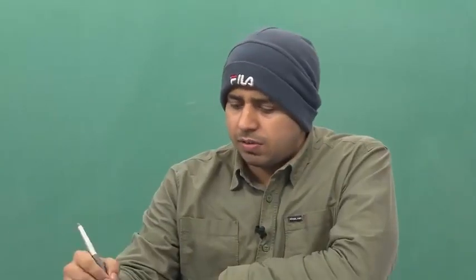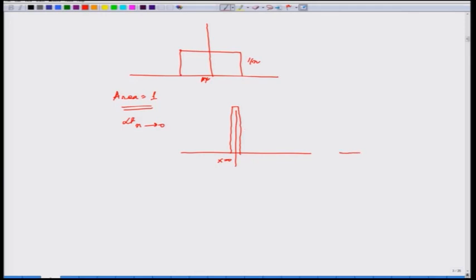Also a triangle of area 1, if I keep decreasing the base n, and n tends to 0 while the area remains constant, the height will keep on increasing like this.